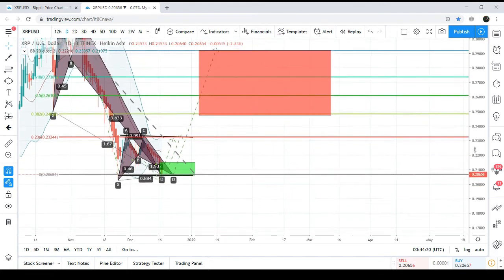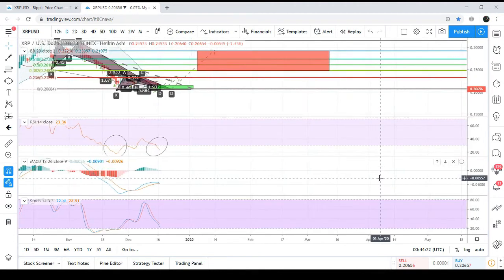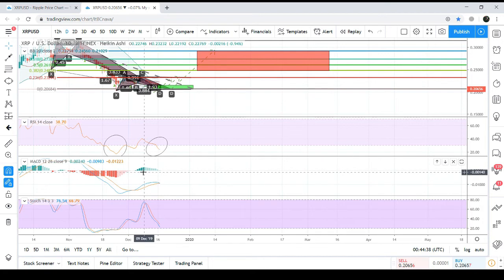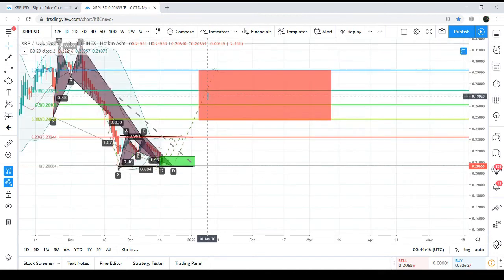And the indicators are also going good, because RSI is already in the oversold zone, showing that it has no more cushion to push it down. And the MACD was already strong bullish. Now it is weak bullish, but I am expecting it will turn strong bullish very soon. So this can be our sell zone.